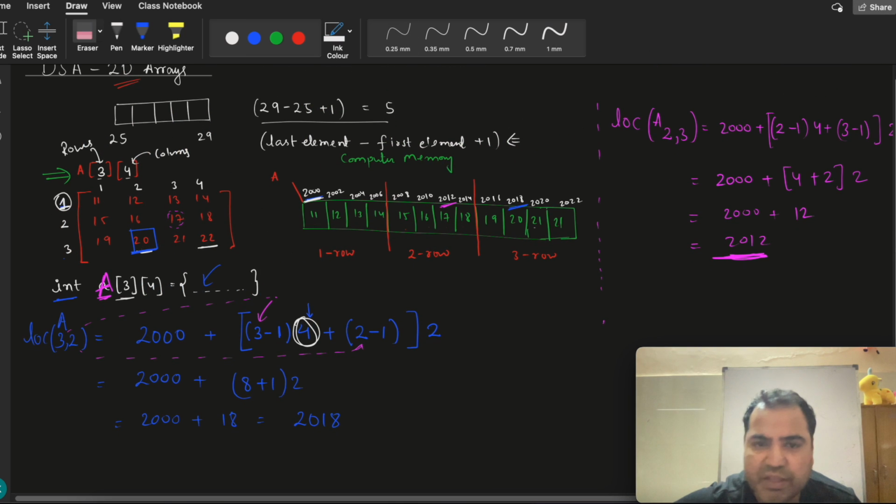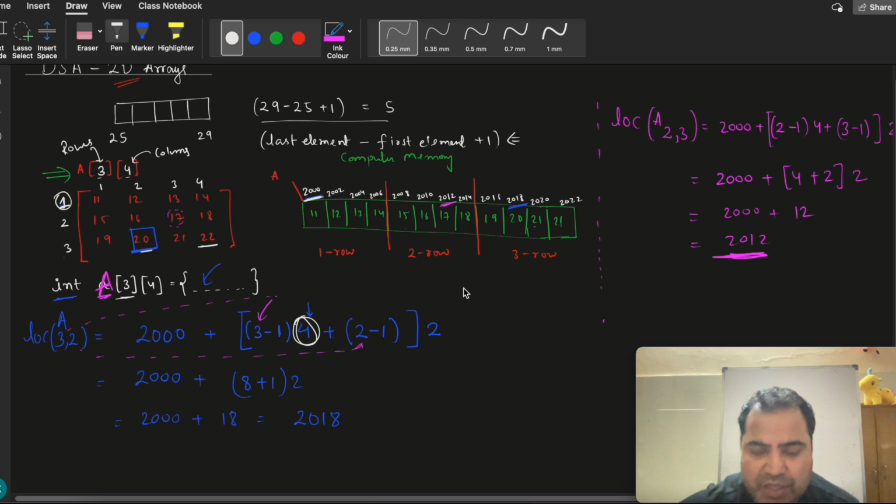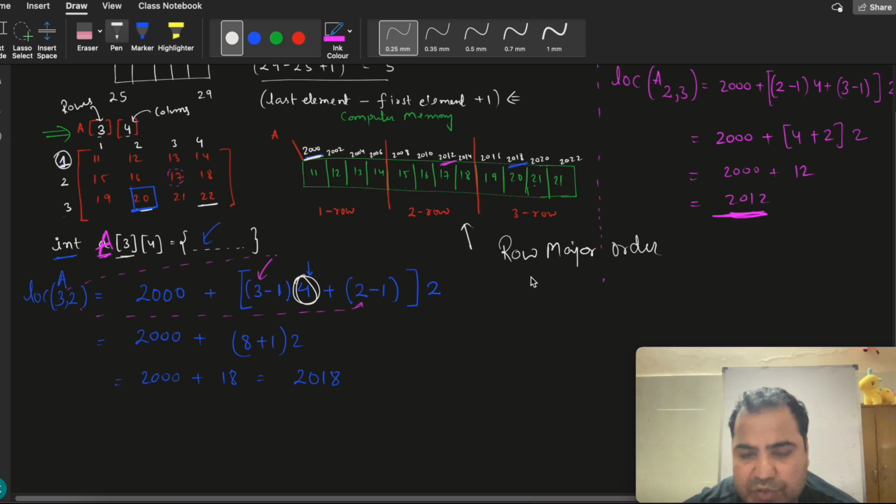Before proceeding further, the way we have stored it in memory gives it a name. We have stored the array row wise, so this is called row major order, and C programming follows row major order.